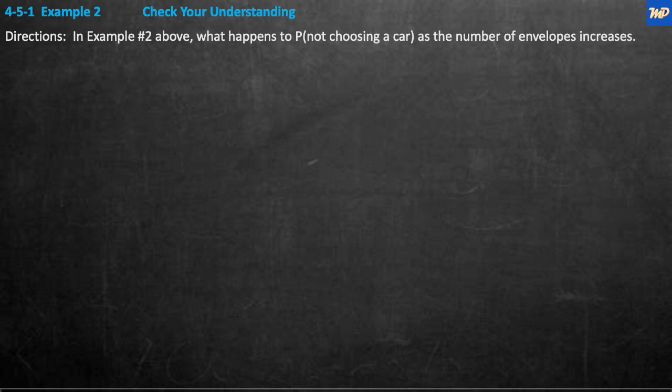Okay, I'm assuming you've done that, so let's talk about it. From the above, the probability of choosing the car was 1 in 5, and the probability of not choosing the car was therefore 4 in 5. Now they're asking, as the number of envelopes increases, what happens to the probability of not choosing a car?